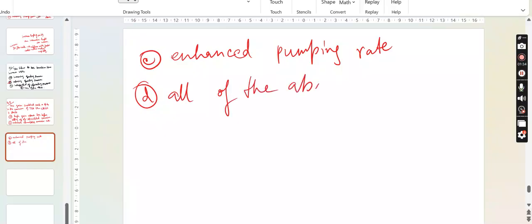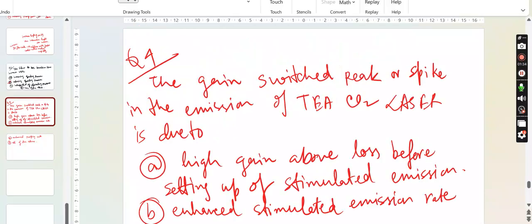So the strong initial spike in the output is because of high gain above loss before lasing fully develops. Before stimulated emission fully builds up, population inversion can rise very quickly and gain becomes much larger than the cavity loss.